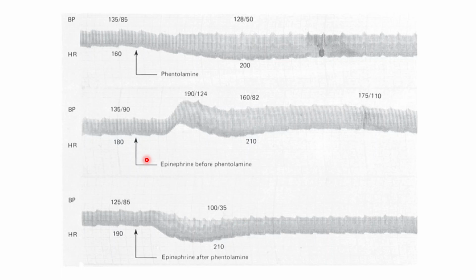Phenoxybenzamine binds covalently to alpha receptors, causing irreversible blockade of long duration, up to 2 days. It is somewhat selective for alpha-1 receptors, but less so than prazosin.